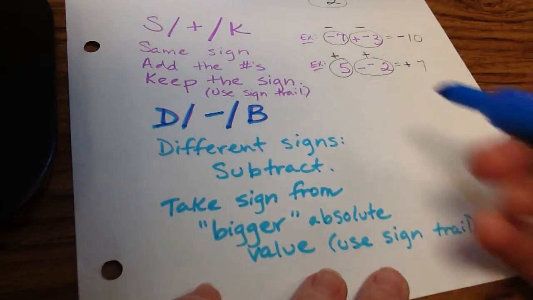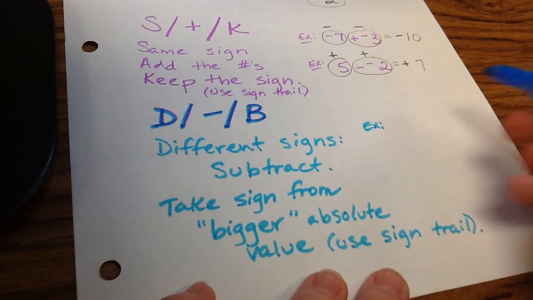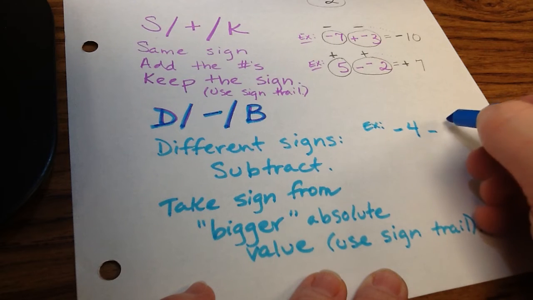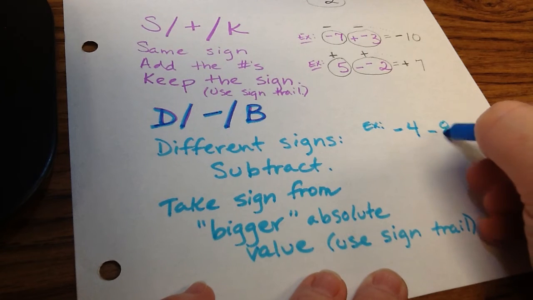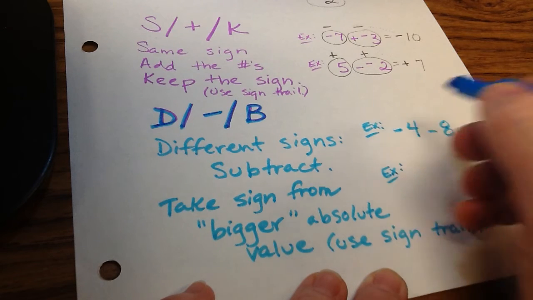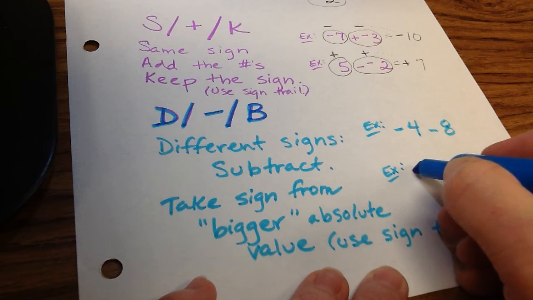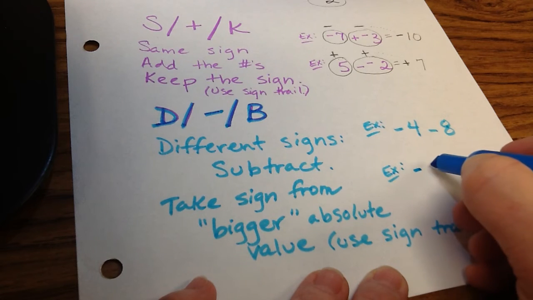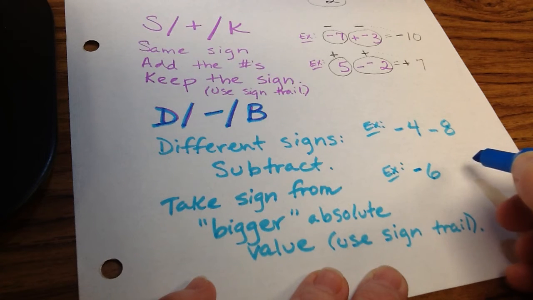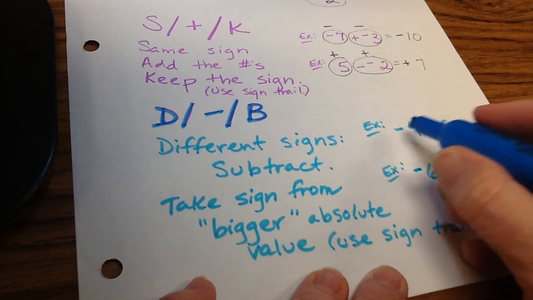Okay, so here are some examples. -4 minus 8. And -6. Oh, sorry, those are the same, aren't they?